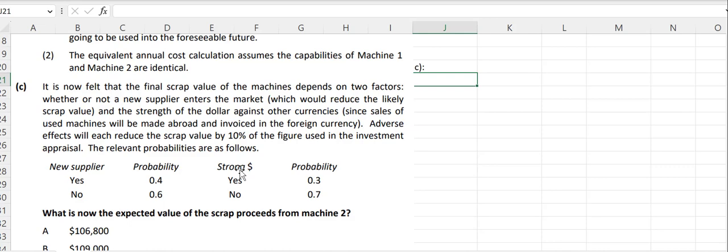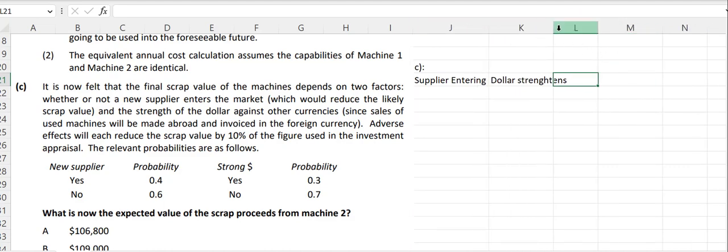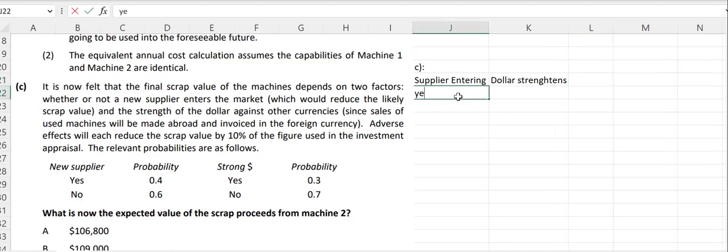Supplier entering the market, dollar strengthens, right? So one of the situations might be that the supplier enters the market, yes, and the dollar also strengthens.